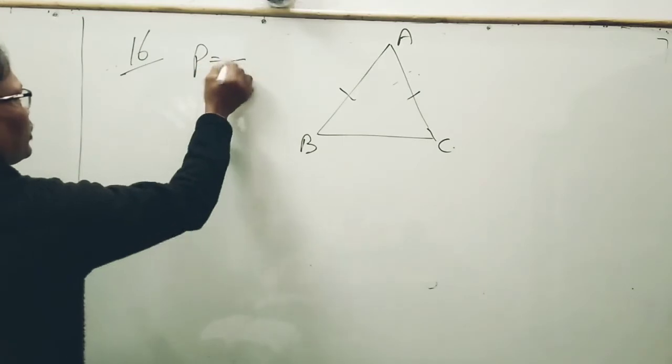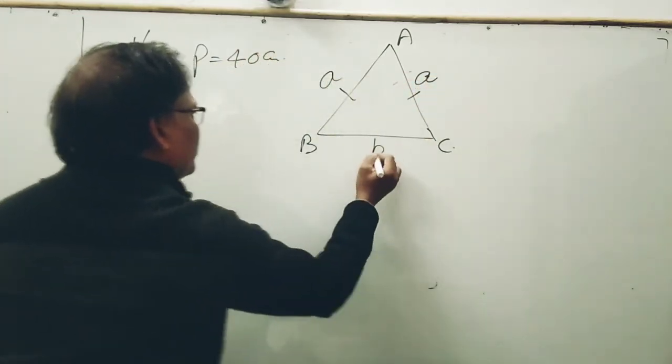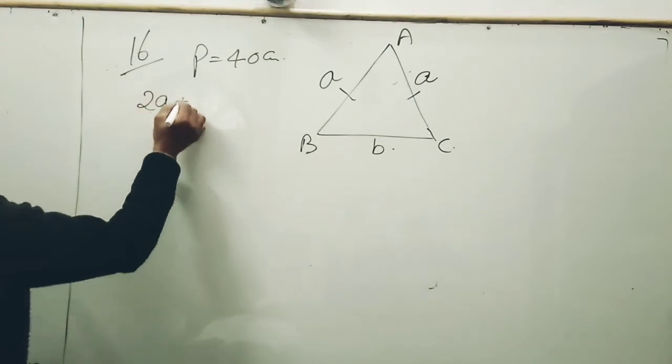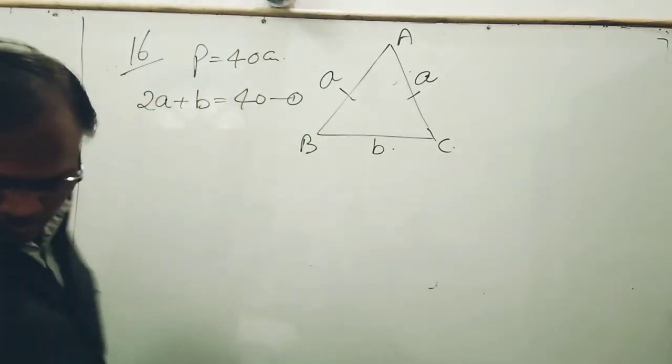Perimeter is 40 centimeter. So 2a plus b is equal to 40 centimeter. This is equation 1.